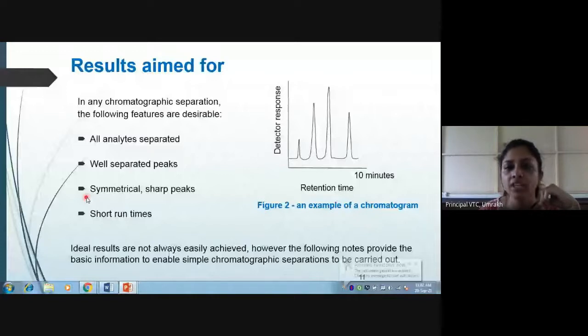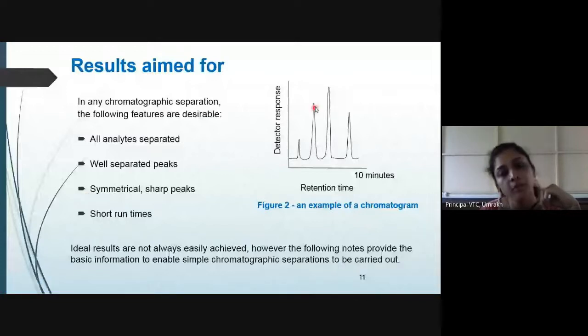Symmetric means that when you perform the run, you should not get peaks that are straight at first and then slanting. Those kinds of peaks are not recommended and not acceptable. We need symmetrical as well as sharp peaks.